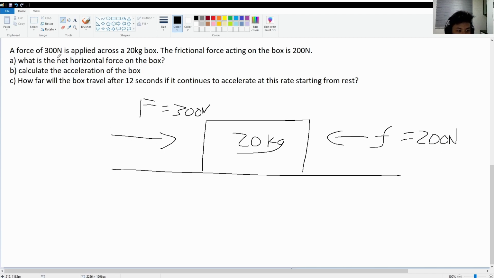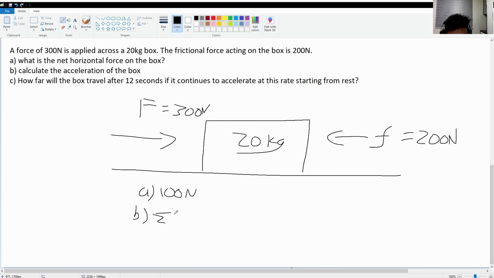So what is the net horizontal force on the box? So net horizontal force on the box is basically the difference between both these forces. So A is 100 newtons. Now B, calculate the acceleration.